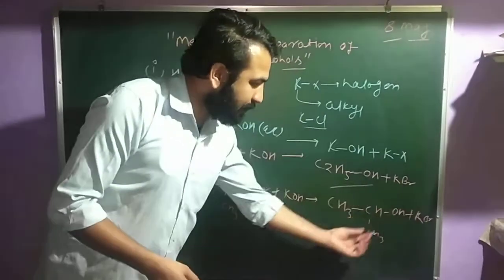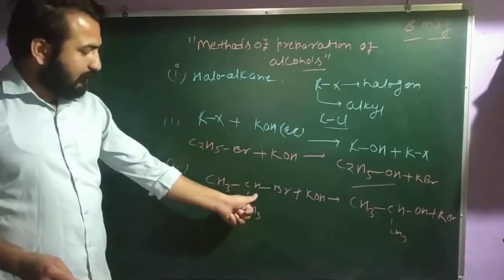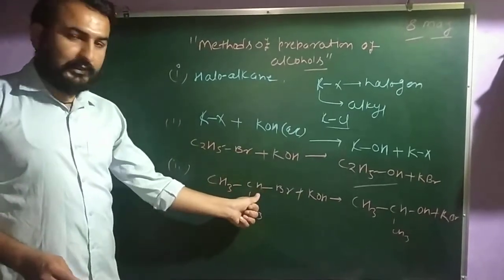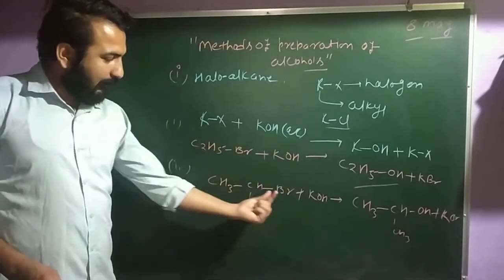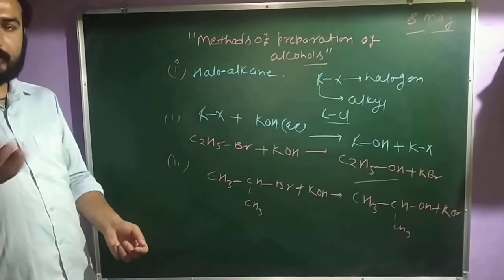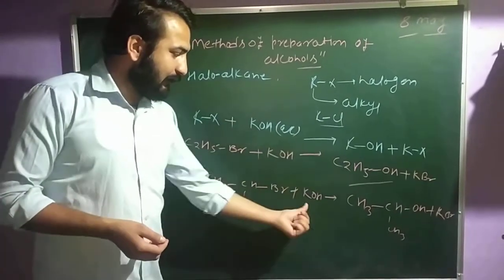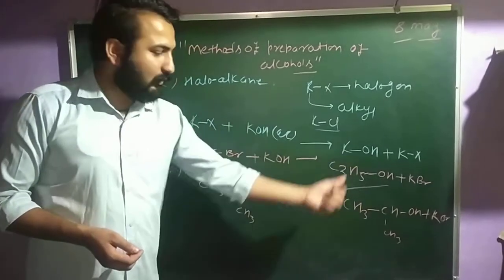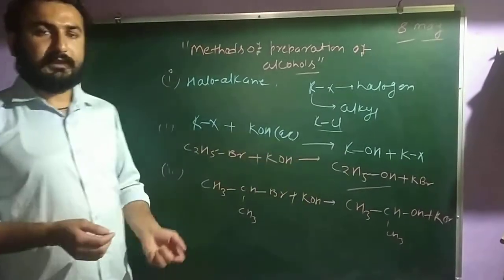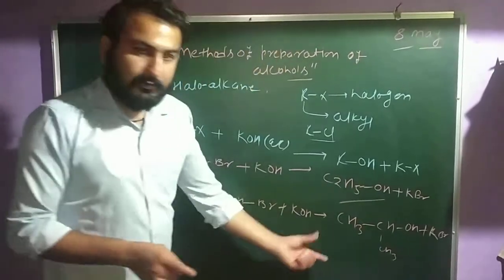Clear? So this is your corresponding alcohol. And you can see here this carbon is attached directly to two carbons and has the main group halogen. So this is also called a second degree haloalkane. This second degree haloalkane reacts with KOH, giving the alcohol and KBr. Clear? This is the reaction of second degree haloalkanes.